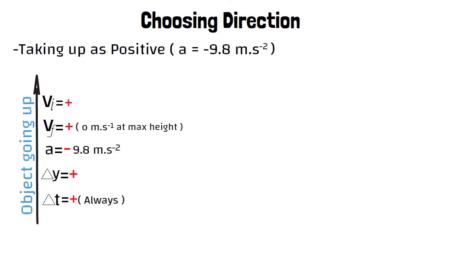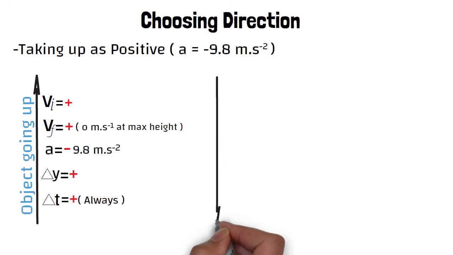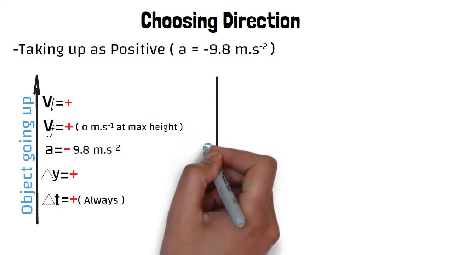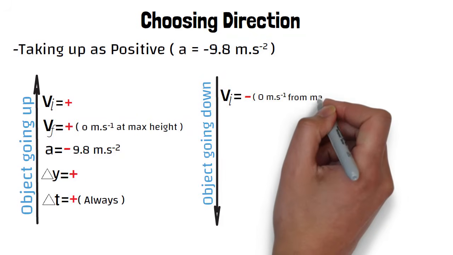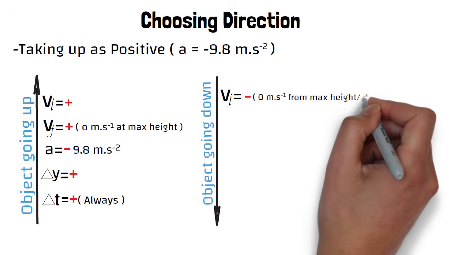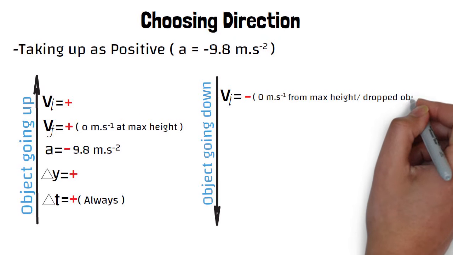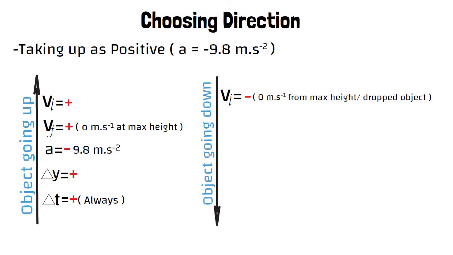Now i-object isiya phansi manje kusho ukuthi iya in the opposite direction. Remember sithatha up as positive, so ama-vector kuzomele ebe negative. So initial velocity izoba negative if usithatha up as positive, kusho ukuthi i-velocity yethu iya in the opposite direction izoba negative mayisiya down i-object, or ibe u-0 if the object is from the maximum height. Remember maximum height velocity u-0, so if emotion yethu siyiqala from a maximum height going down the initial velocity there is 0.